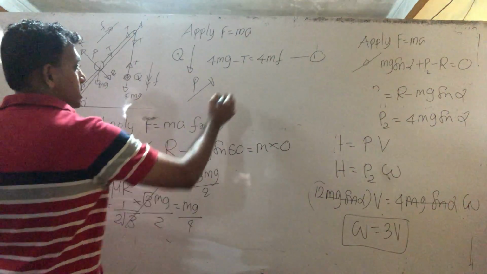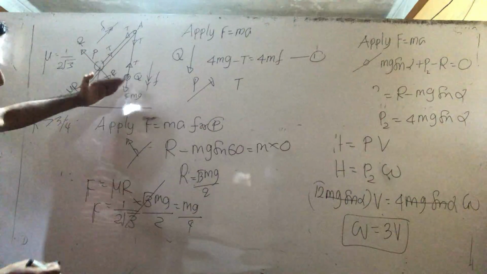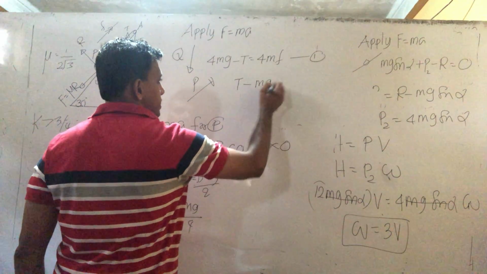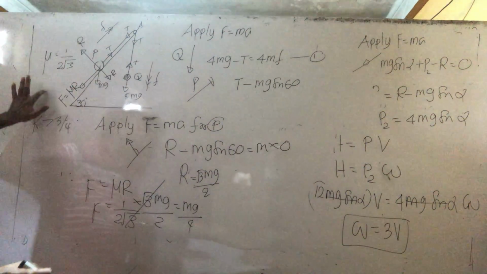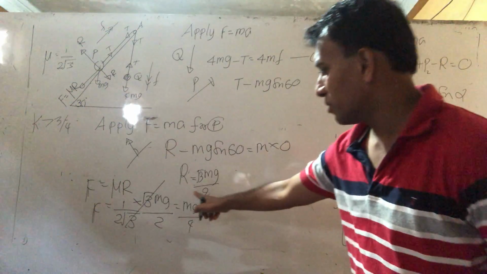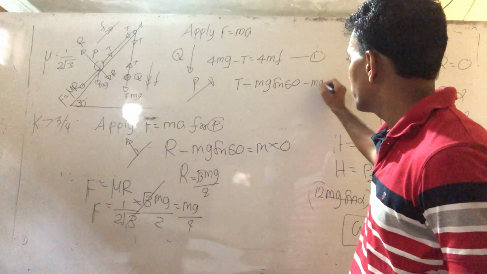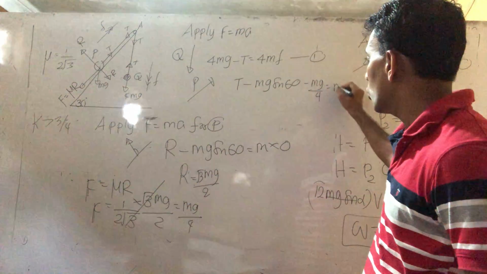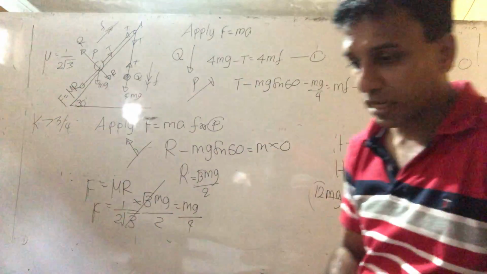T upwards, minus mg sin 60, also minus the friction force F equals mu R, which you know is mg by 4, equals mass small m times acceleration f. That's all, applied maths.